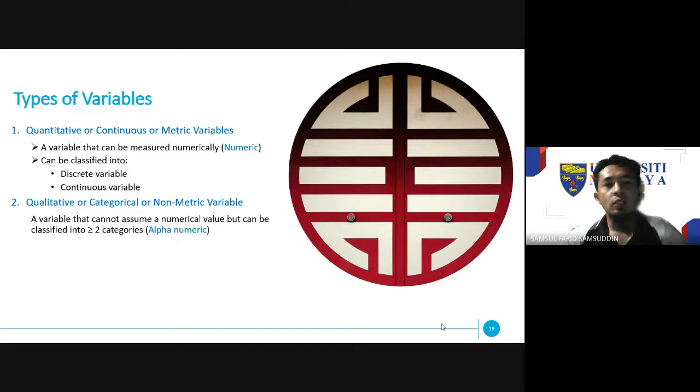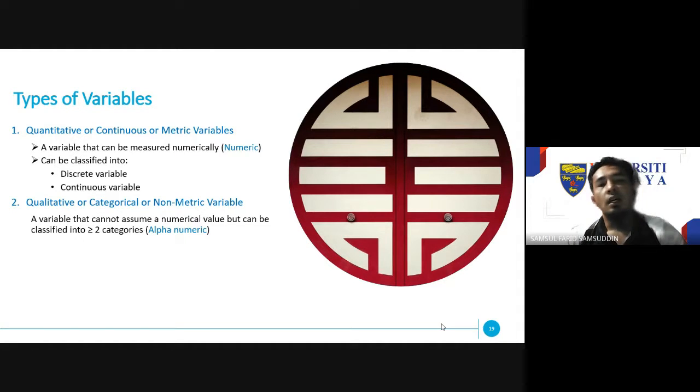Alright. So quantitative or continuous or metric variables, these three terms are related to each other. It is a variable that can be measured numerically and can be classified into discrete variable or continuous variable. So either the numbers are continuous, 1, 2, 3, 4, 5, or maybe it's a discrete variable.